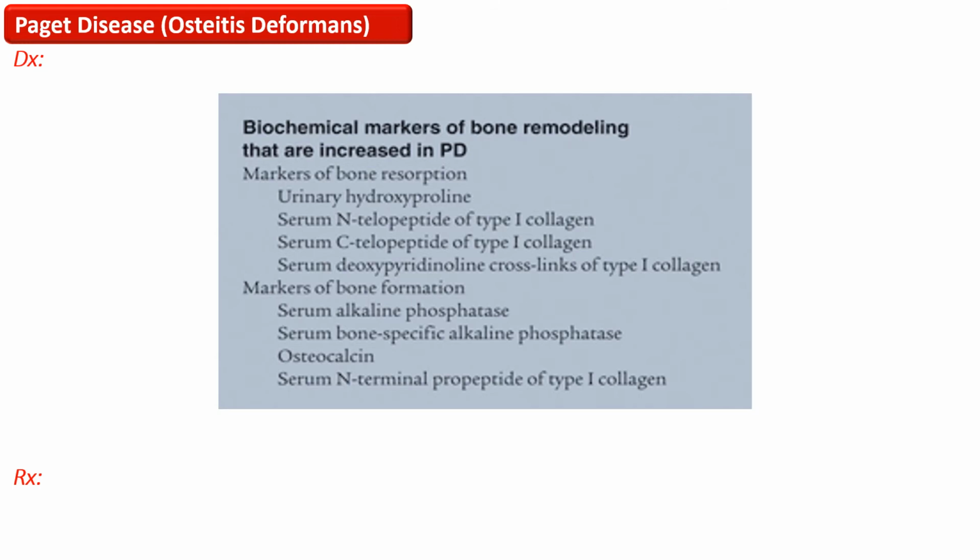Markers of bone formation are serum alkaline phosphatase, serum bone-specific alkaline phosphatase, osteocalcin, and serum N-terminal propeptide of type 1 collagen. Though there is markedly increased alkaline phosphatase, the calcium and phosphate are within normal limits.